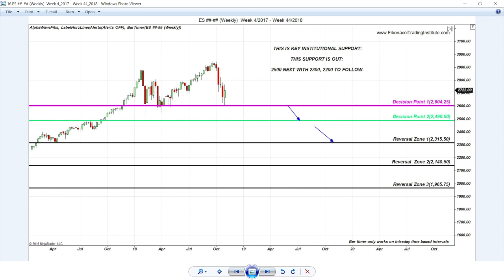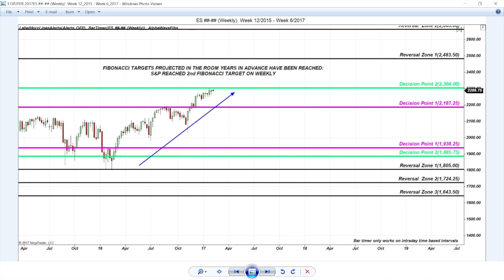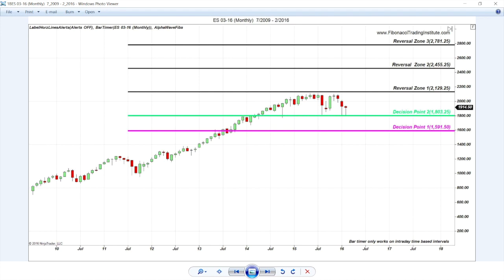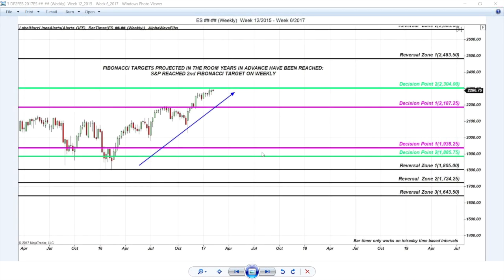But do you remember what 2300 was in 2017? Ultimate resistance becomes ultimate support, as it's done the exact same thing in 2016 at the 1800 number. Identical bullish reversal plays out in 2019.